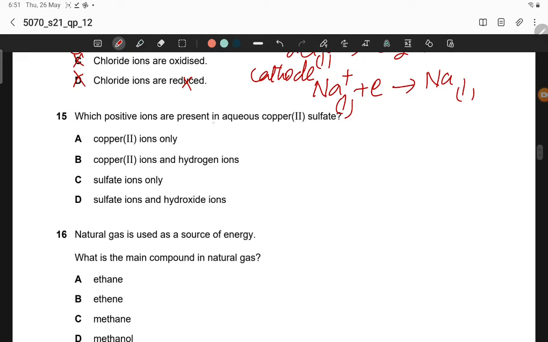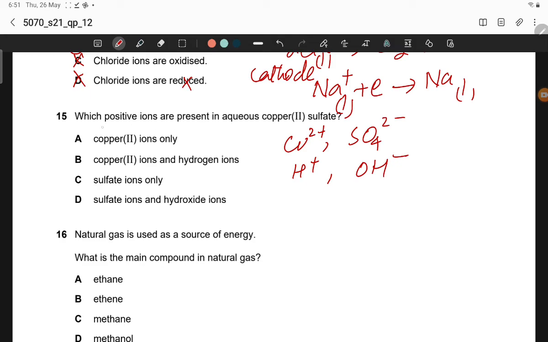Which positive ions are present in the aqueous copper 2 sulfate? Copper 2 sulfate, 2 positive, sulfate, 2 negative, H positive and OH negative.